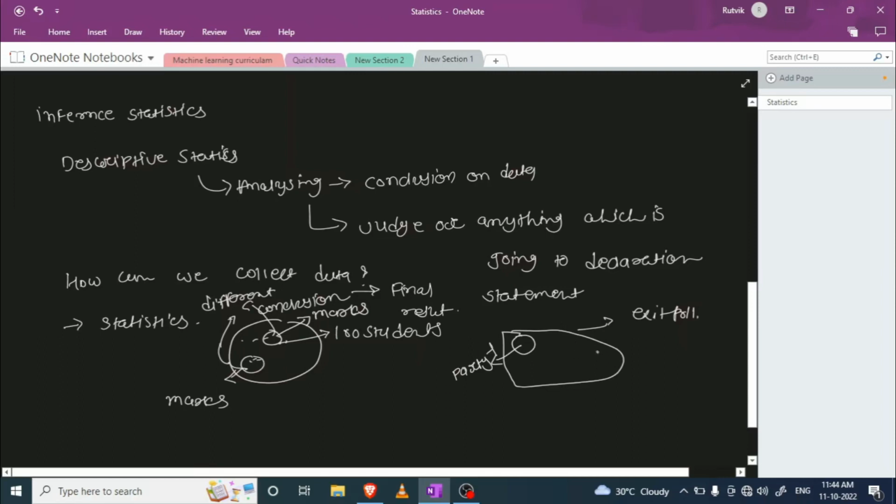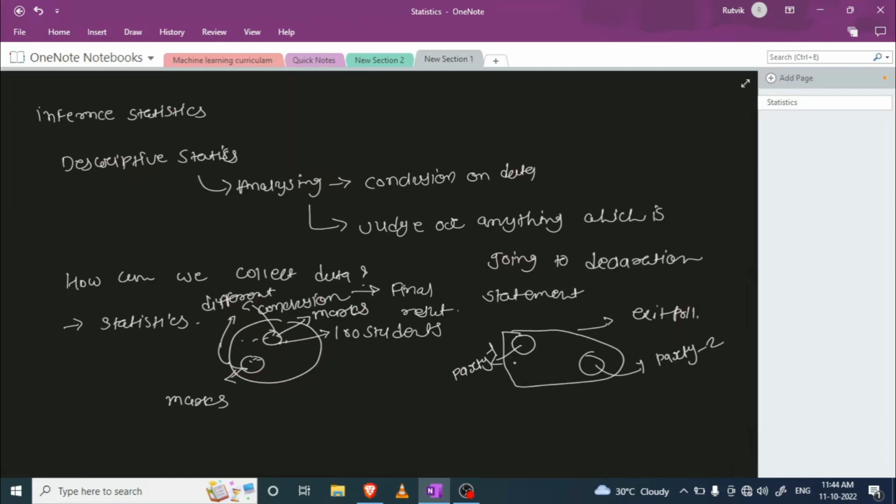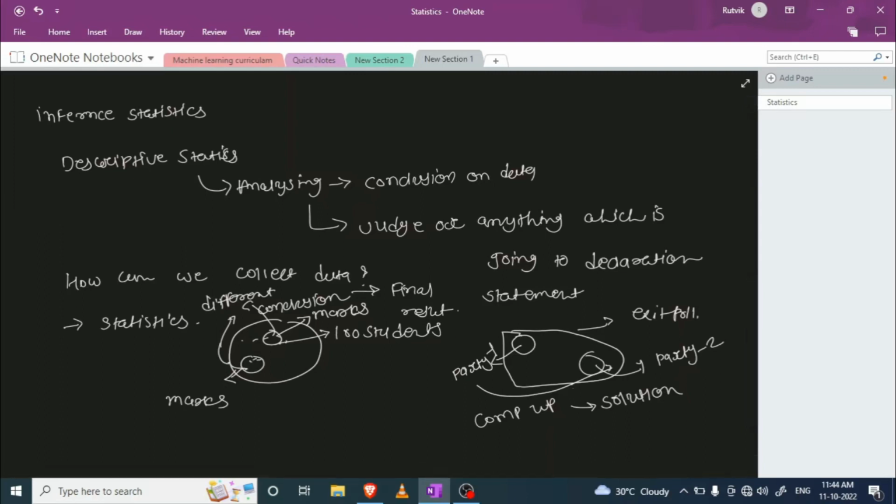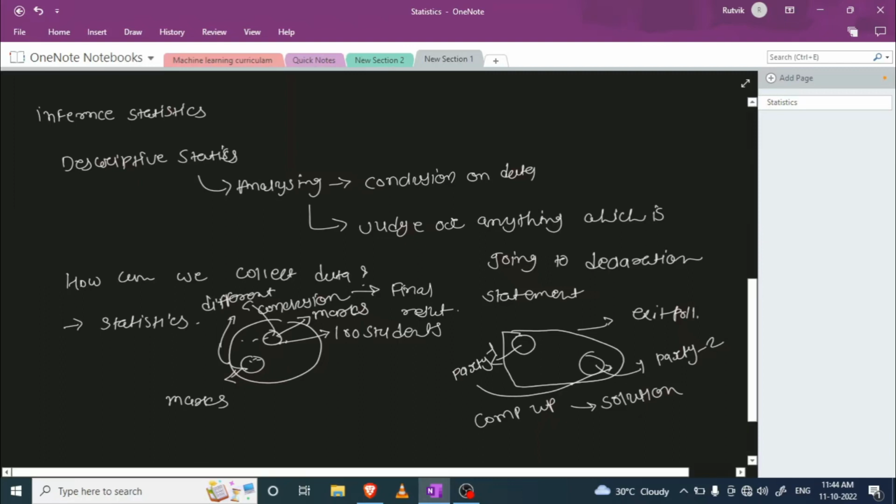If you move to another part of the state and ask some people there, they suggest that party 2 will win. So you collect samples, ask some people, get the data from them, and merge all of it to come up with a particular solution, which is the merger of all the samples' conclusions. That would be our final solution.